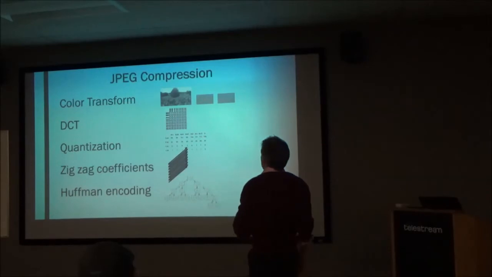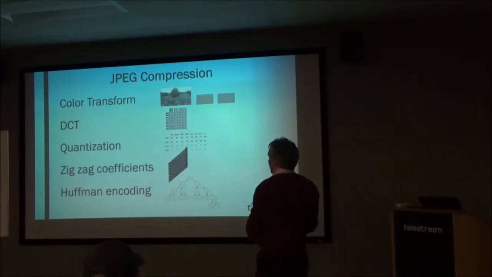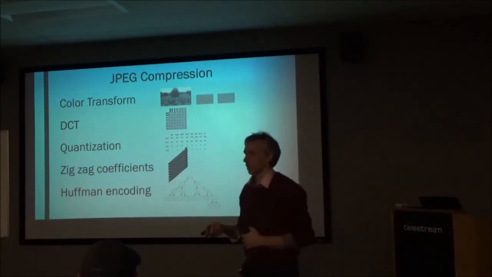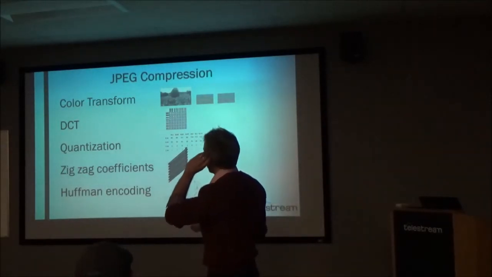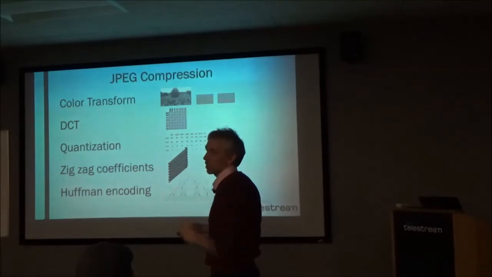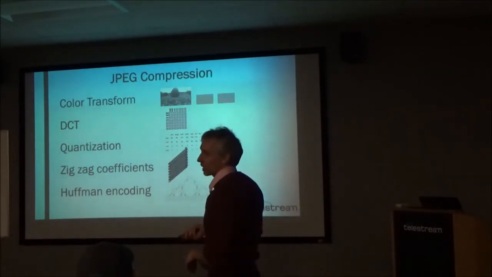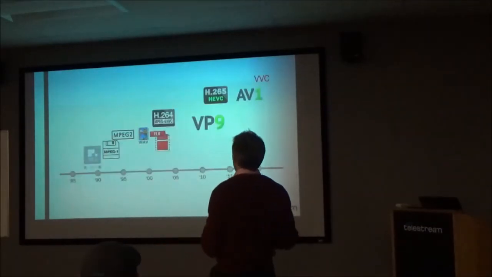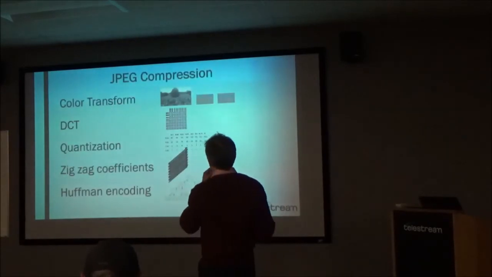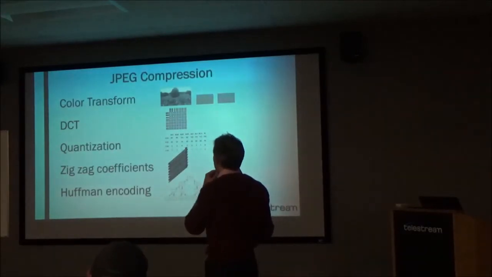All right, so this is everything I talked about, and it is all of JPEG compression. I'm slightly stretching the truth because there are some extensions to JPEG that make it more complicated, but most of the JPEGs that I see on a day-to-day basis just follow this very simple method.